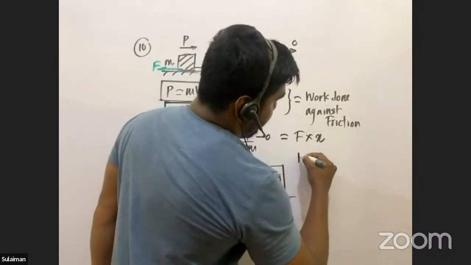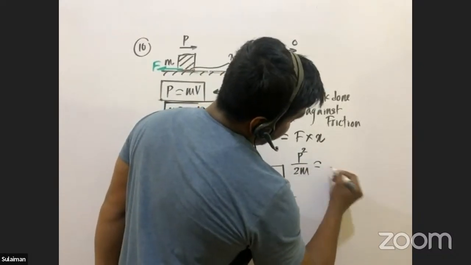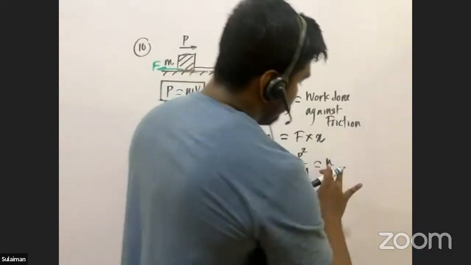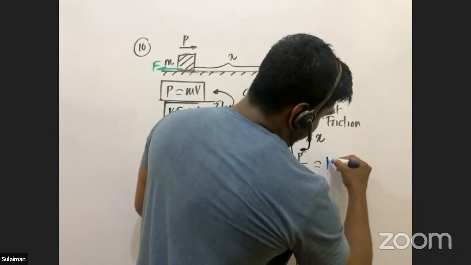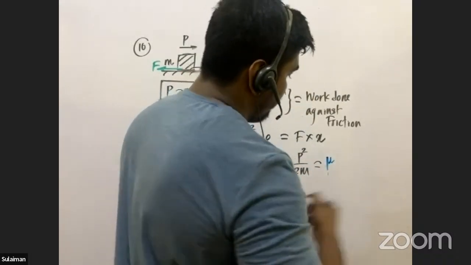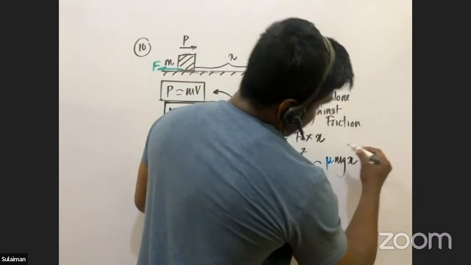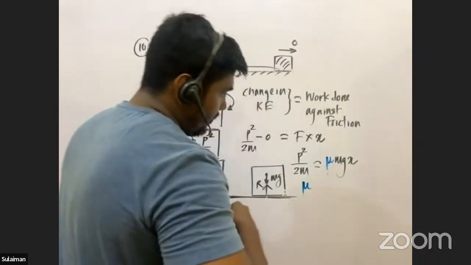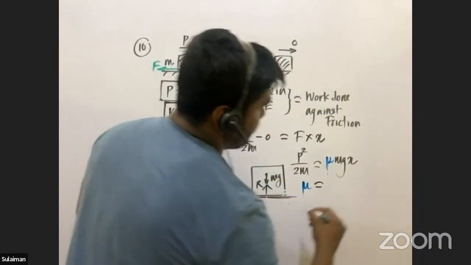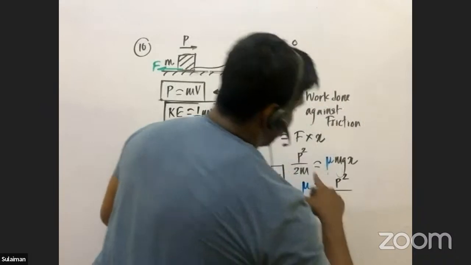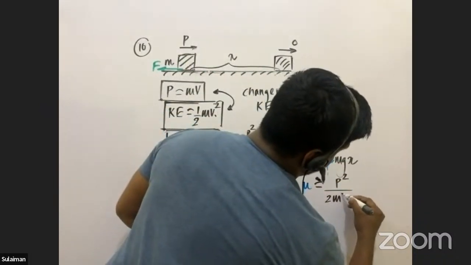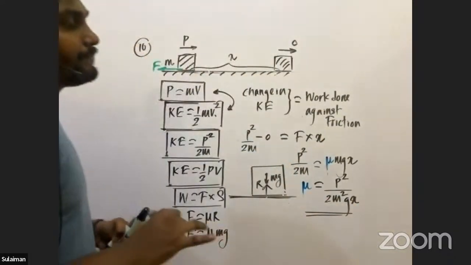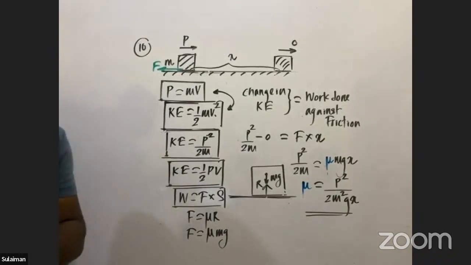So P squared over 2m equals mu mg into x. Making mu the subject, mu equals P squared over 2m squared gx. Hands up, who genuinely understood this part? Understood?